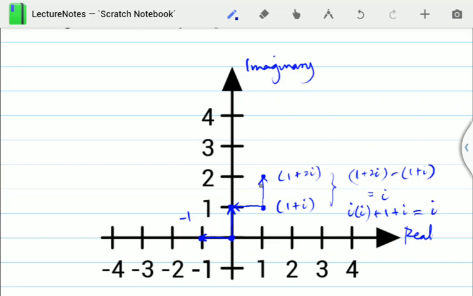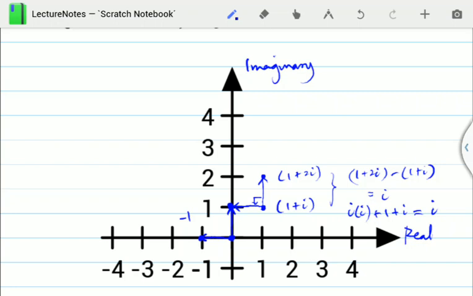So in other words, if I rotate it counterclockwise 90 degrees, or I multiply it by i, this distance goes here and it goes to the point i. Okay, so any arrow with respect to the origin, if you want to rotate it counterclockwise, you just multiply it by i, or negative i if you want it clockwise, obviously.